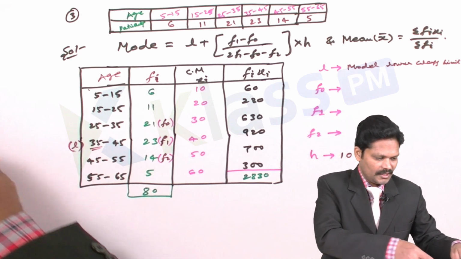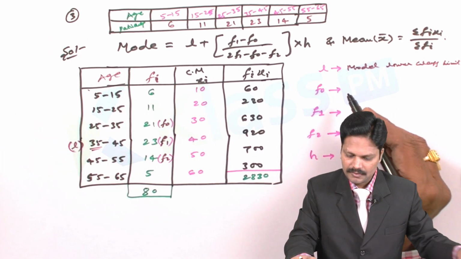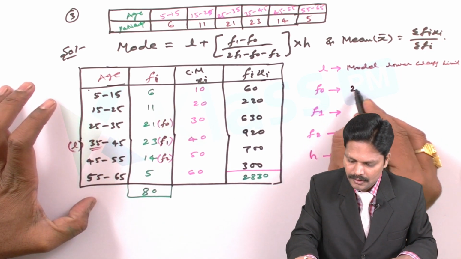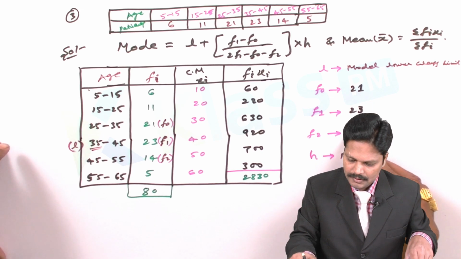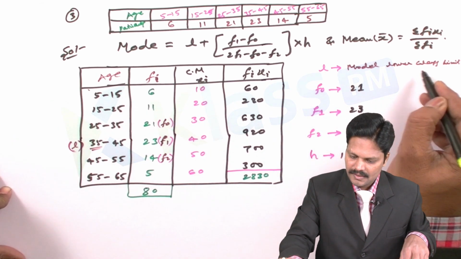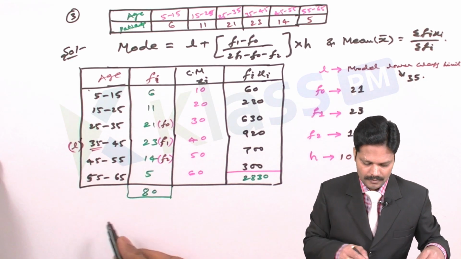If we know these values, we need to do the calculation part. So we write F0 is 21, F1 is 23 and F2 is 14, and the L value is given as 35.